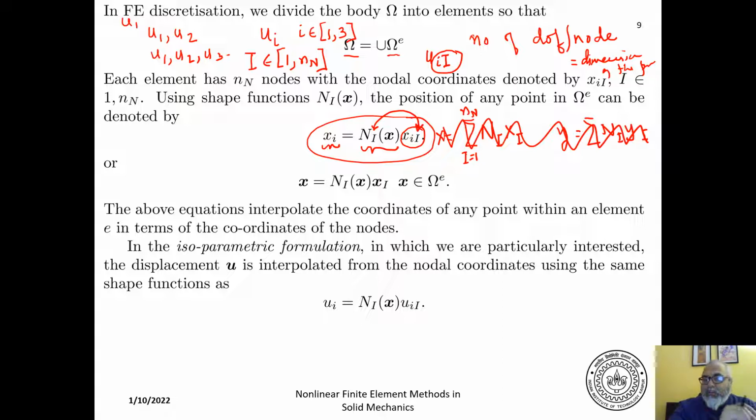In particular, when we use the isoparametric formulation, we use the same shape functions to map the position as well as the displacement.